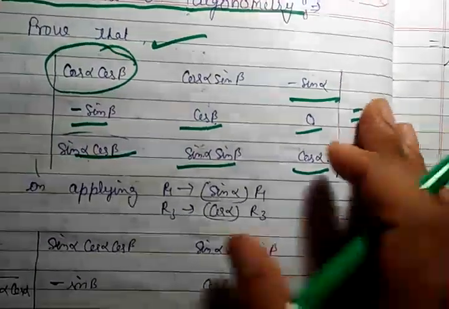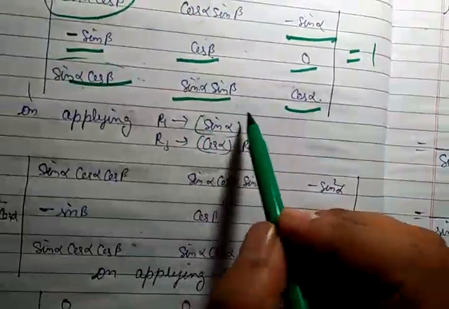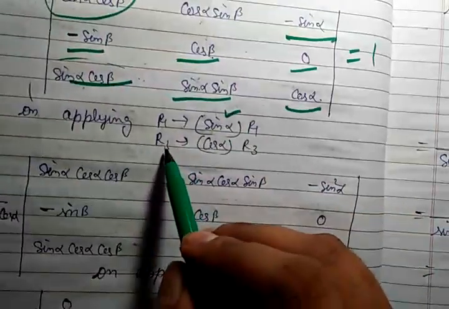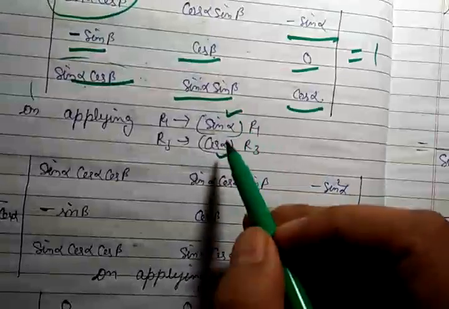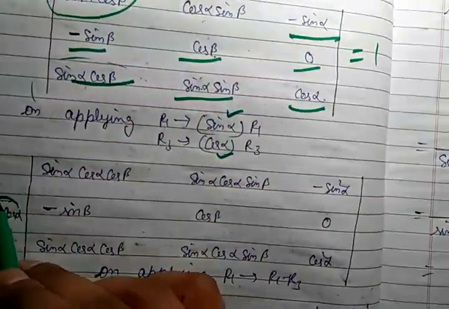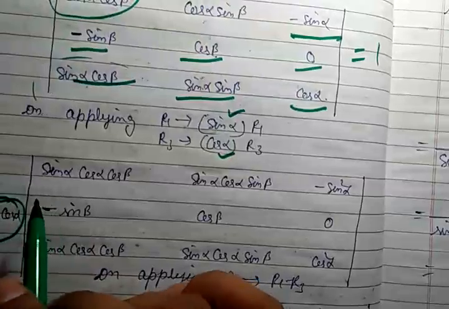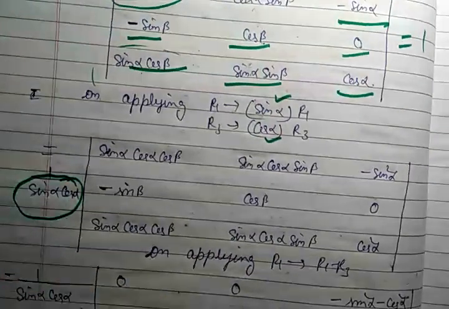So what we are going to do here, we are going to multiply R1 by sin alpha and we are going to multiply R3 by cos alpha, and because you are going to multiply by sin alpha and cos alpha, in respect to this you have to divide this determinant also by sin alpha and cos alpha.